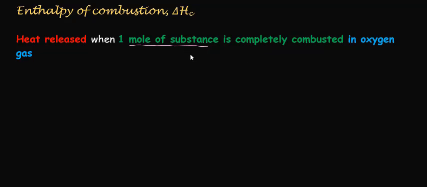How many moles of the substance are we going to combust? It must be 1 mole. So let's say you have 1 mole of carbon, and then you burn it in oxygen gas completely. Carbon dioxide will be formed.